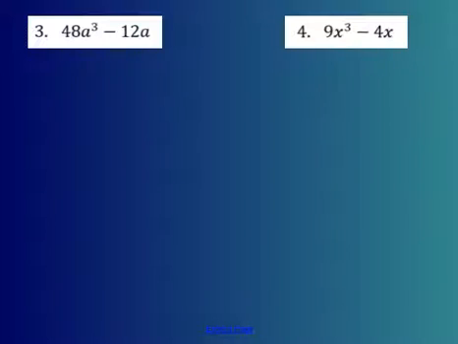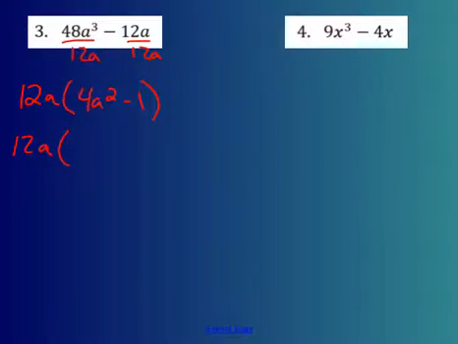However, with 48, I'm not really sure what the GCF is, unless we did 12. There's an a in both of them. So 12a, alright, that'd be 4a squared minus 1. We had earlier that square root of 4 is 2, so this would be 2a plus 1 and 2a minus 1.